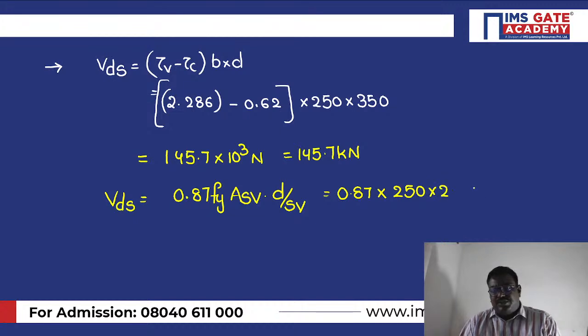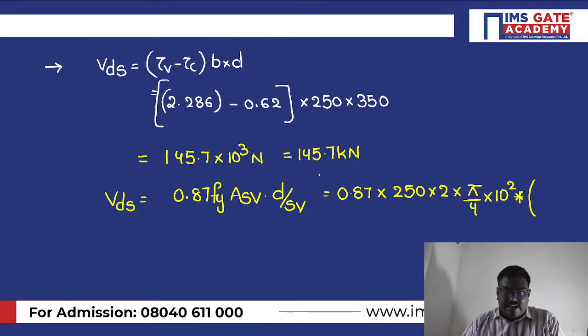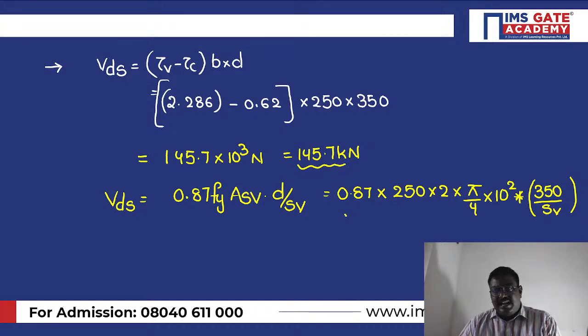Two-legged stirrups are used, and the area of the stirrup is pi by 4 into 10 square. And the effective depth is given as 350, upon sv. Now, my dear students, we equate this equation and the previous equation.